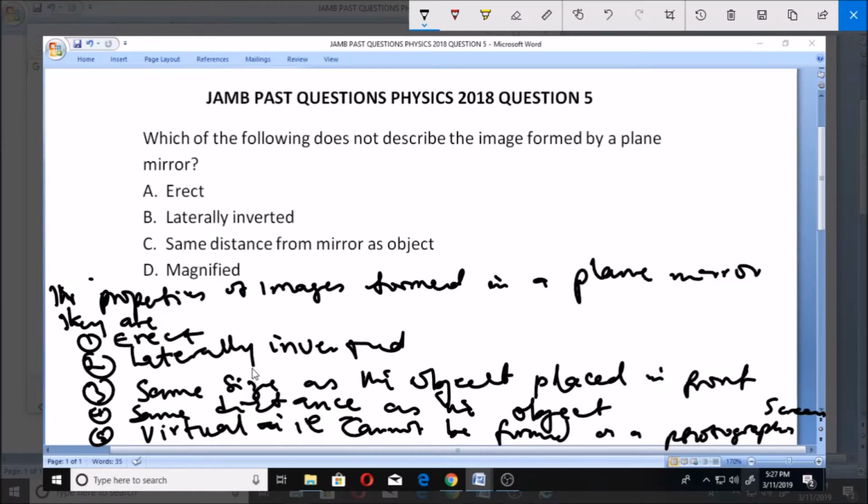So all these are characteristics of images formed by a plane mirror. So we can simply see that the option that is not there is D, which is magnified.